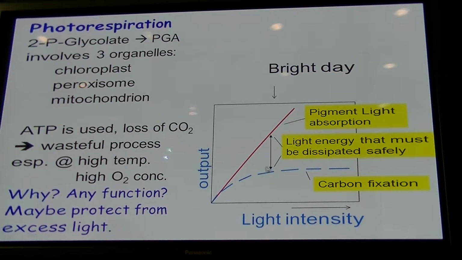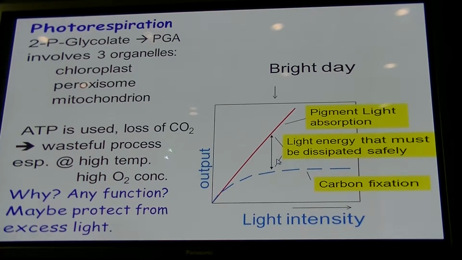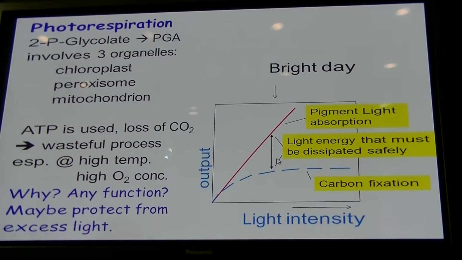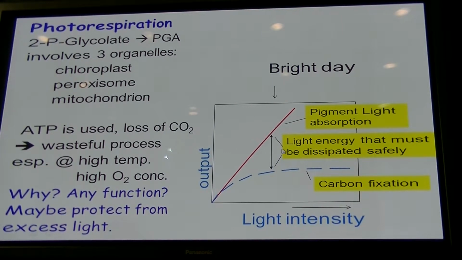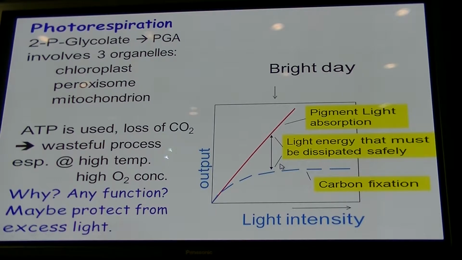Photorespiration can be part of this solution, but there are other mechanisms, especially dissipation of light energy as heat in photosystem 2, which make this process happen safely, the dissipation of excess light. Because there is no way a plant can couple the light that it needs to the demand for photosynthesis.